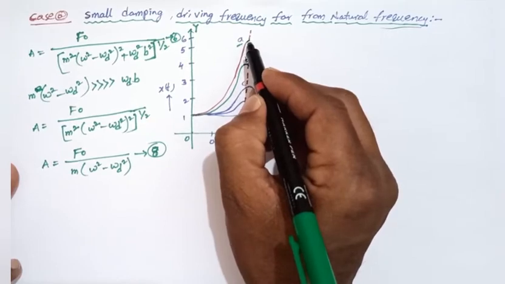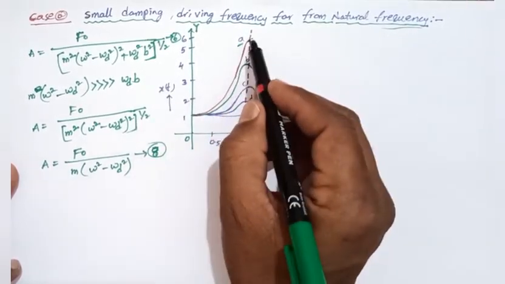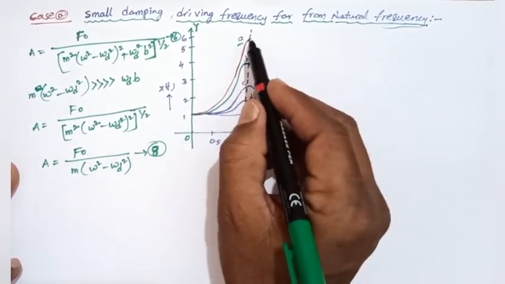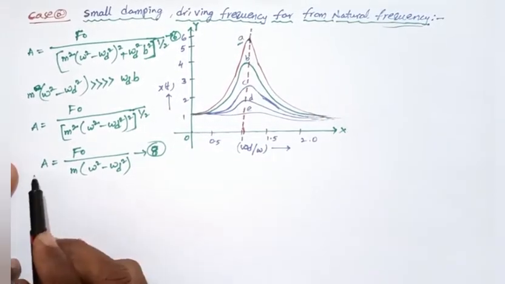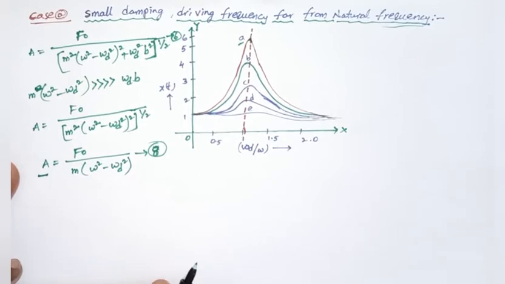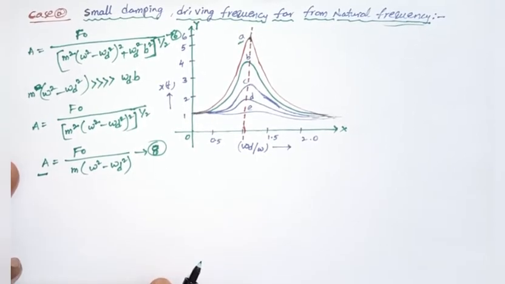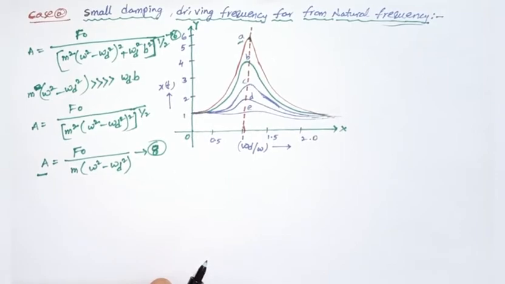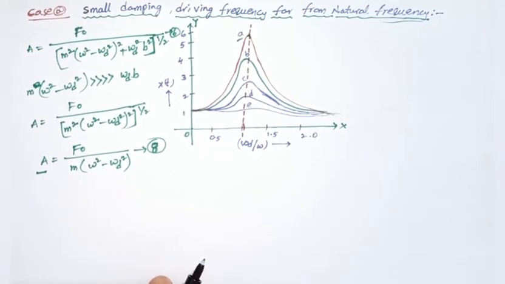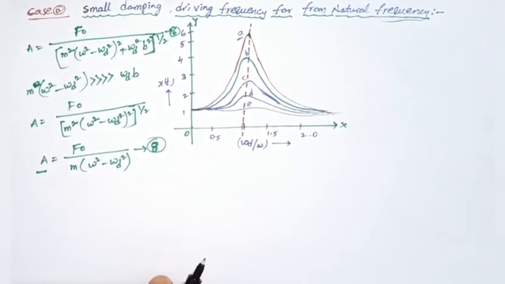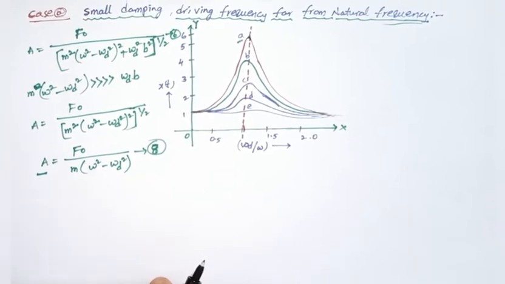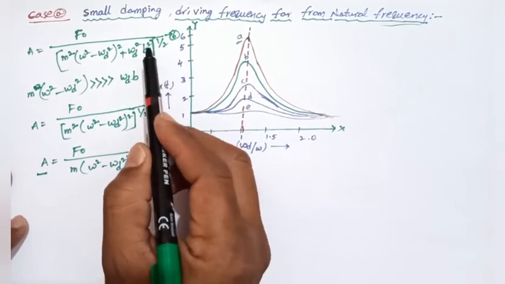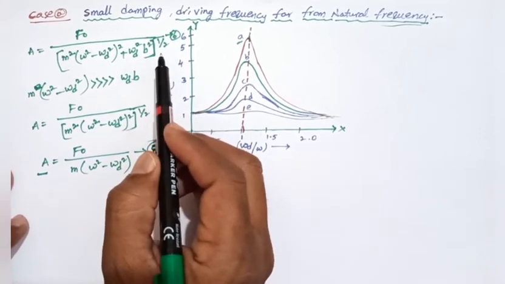The peak of the displacement is very sharp and narrow. The amplitude tends to infinity when the driving frequency equals the natural frequency, but this is the ideal case of zero damping, that is, b equals 0.